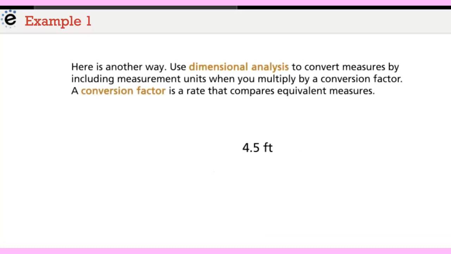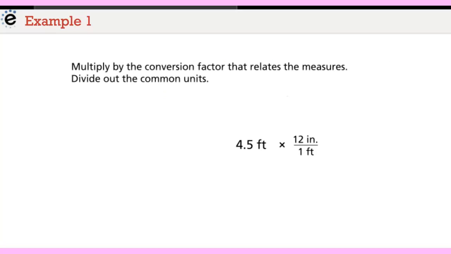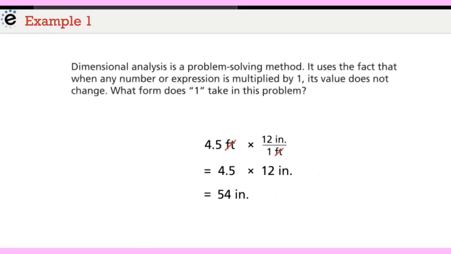Here is another way. Use dimensional analysis to convert measures by including measurement units when you multiply by a conversion factor. A conversion factor is a rate that compares equivalent measures. Multiply by the conversion factor that relates the measures. Divide out the common units. Dimensional analysis is a problem-solving method.